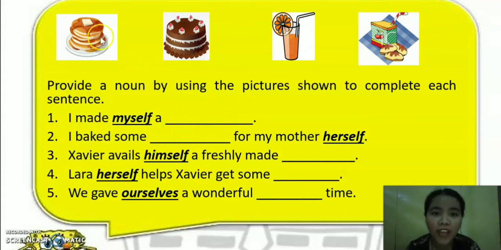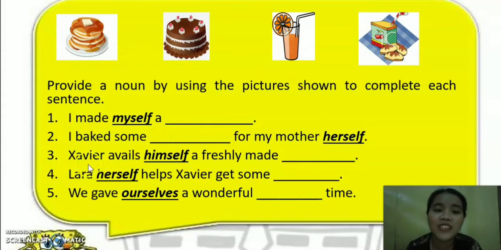So what noun do you want to use from these 4 pictures? Just put it here. Okay, write your answers so that later when I call you, you will have an oral point. Okay? Second sentence, I baked some blank for my mother herself. Okay, again, put a noun here in the sentence.